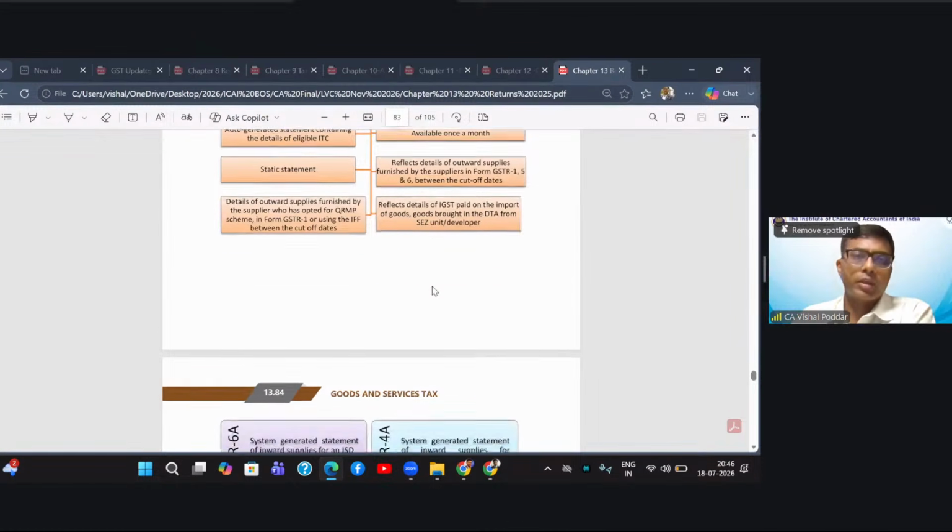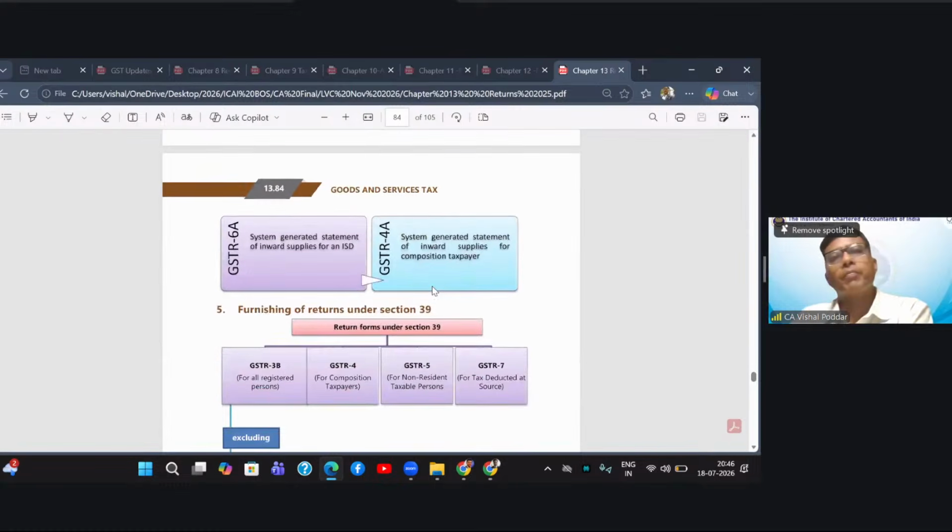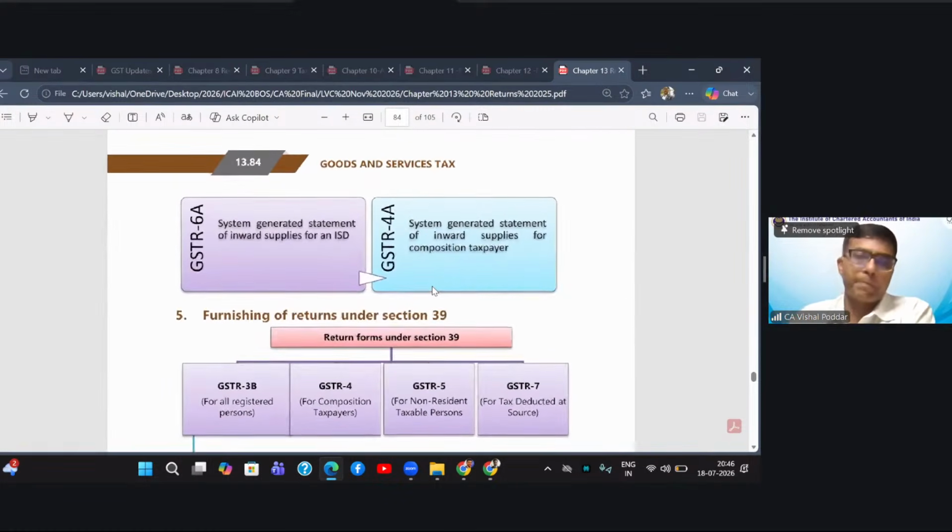So all this additional information is also there, which is not in case of 2A. Now, like how a regular taxpayer has GSTR 2A and 2B, we have ISD, that is where my head office has taken ISD registration. So for them also, they have inward details because they are making purchases from many suppliers. Those suppliers are uploading their GSTR 1.